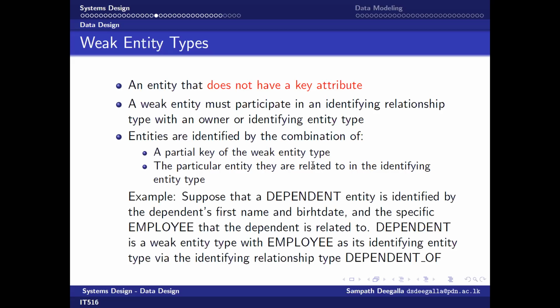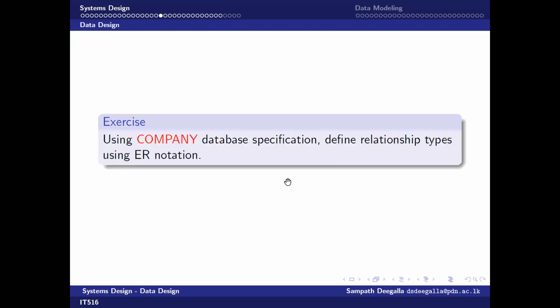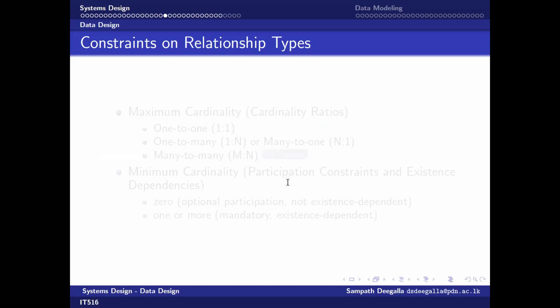So in our case, for dependent, we have to use both social security number and name as key attributes. Okay, good. Any questions from this? No questions? Okay, let's move to the next one.